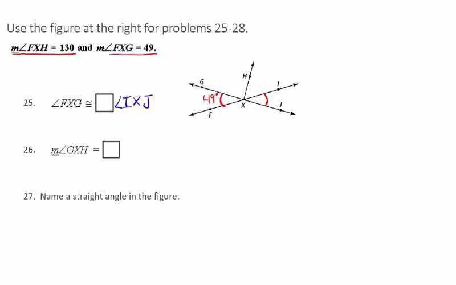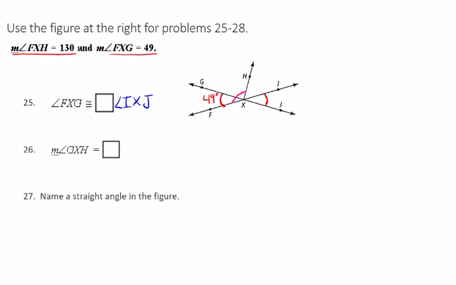Okay, all right, and then number 26, measure of angle GXH. All right, so here we know that FXH, this angle here, is 130, right?